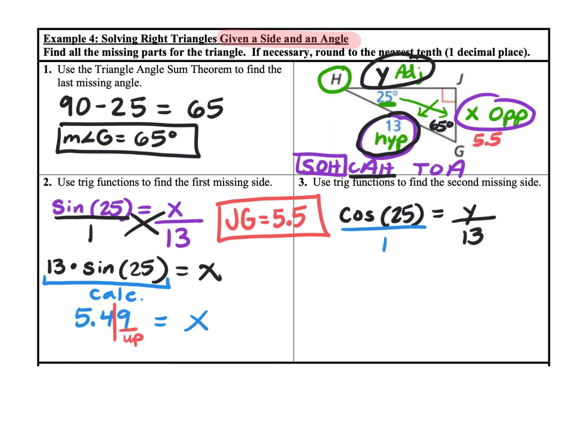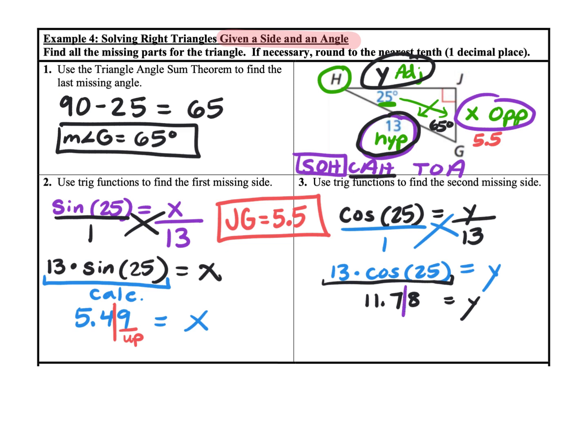And now I'll just set up my cross product here. So 13 times the cosine of 25 degrees is equal to 1 times Y, which is just Y. And then grab your calculator and type 13 times cosine 25. And you'll get 11.78. Let's again round that to 1 decimal place, so 11.8.